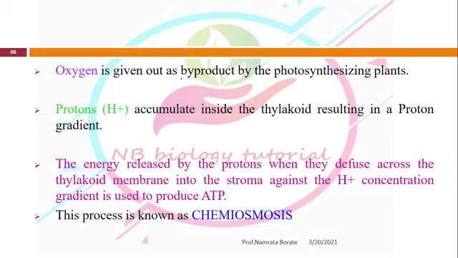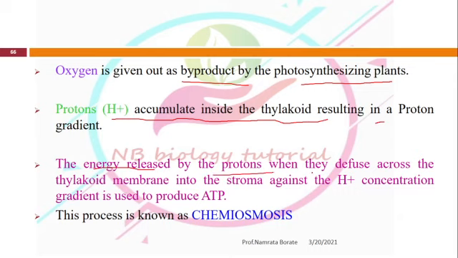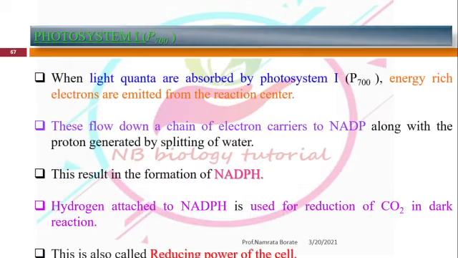The oxygen is given out as a byproduct by the photosynthesizing plant. The protons accumulate inside the thylakoid, resulting in a proton gradient. What happens? The energy released by the protons when they diffuse across the thylakoid membrane into the stroma against the H plus concentration gradient is used to produce ATP molecules. This process is called chemiosmosis.